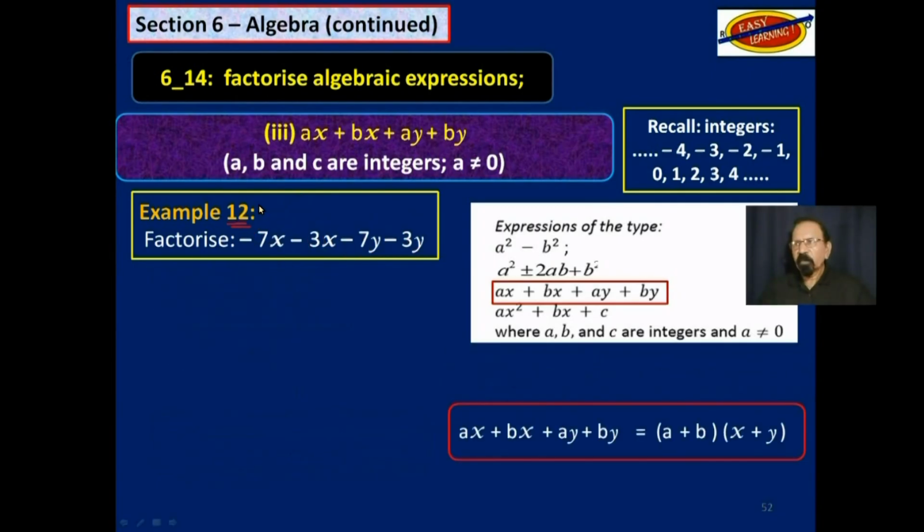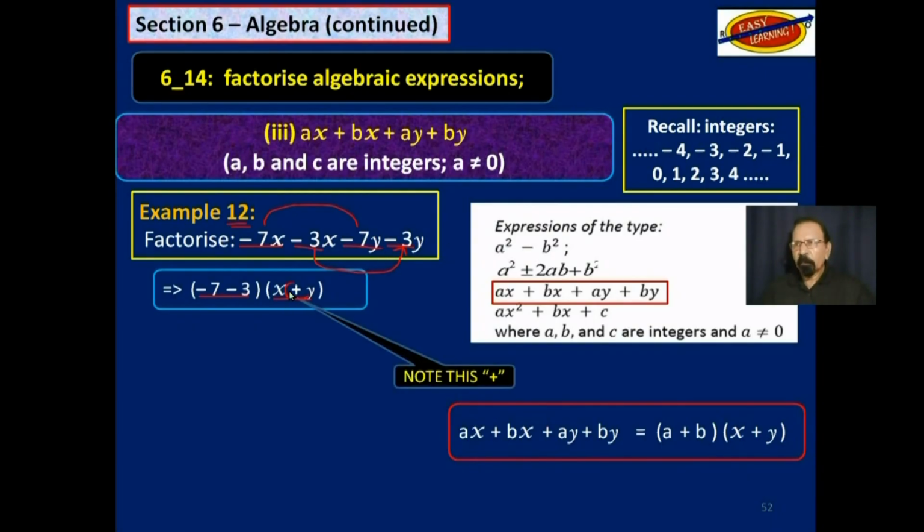Example 12, factorize negative 7x minus 3x minus 7y minus 3y. Again, note that 7 there and this 3 here. So you could easily extract negative 7 minus 3, and what remains is x plus y.